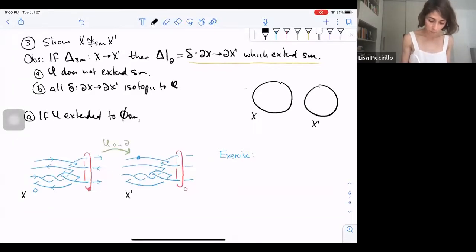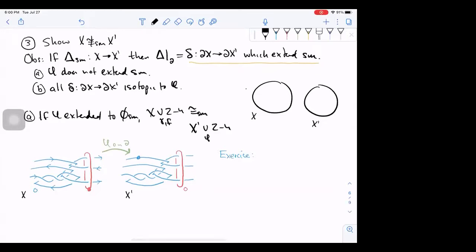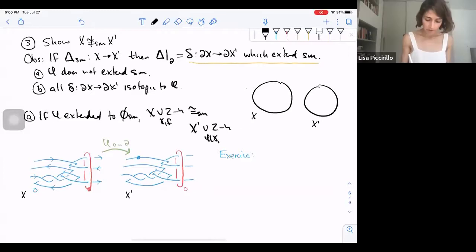What we would get is that if you took X and glued to it a two-handle along any curve gamma you happen to like in the boundary using any framing, that bigger manifold, X with a two-handle attached, would be diffeomorphic to the manifold you get by taking X prime and gluing a two-handle to it along the image of your attaching data from the last time.